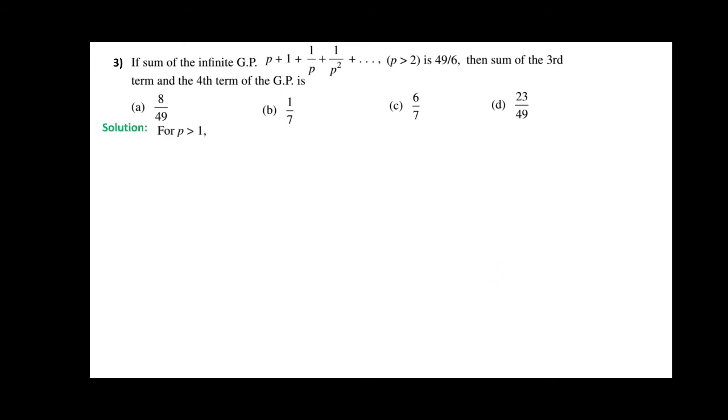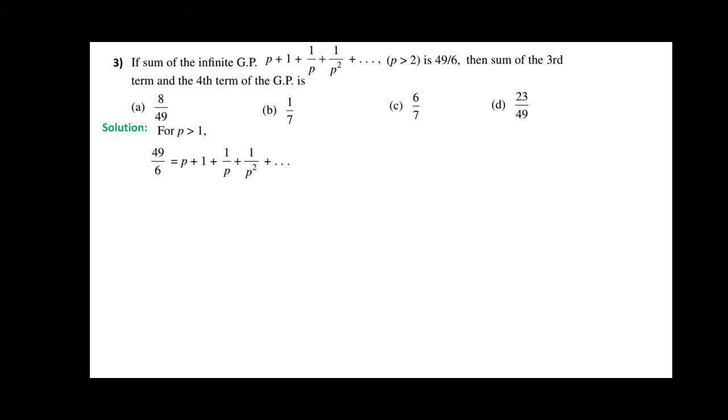Now consider the solution. For P is greater than 1, now we have the sum of the infinite GP here, that is 49 by 6 is equal to that infinite GP P plus 1 by P plus 1 by P square plus so on, because it is infinite.